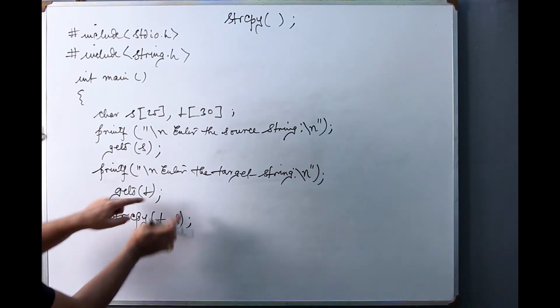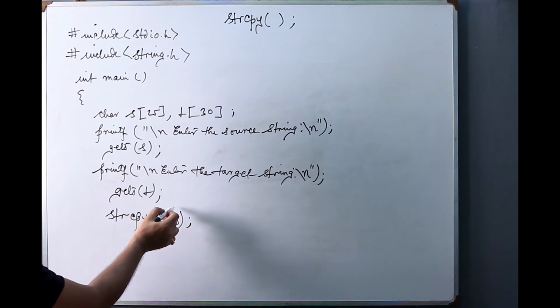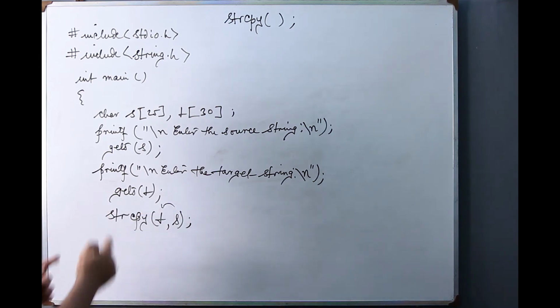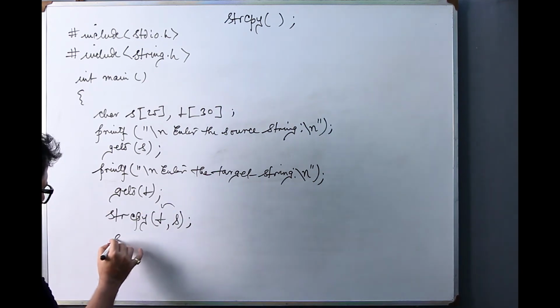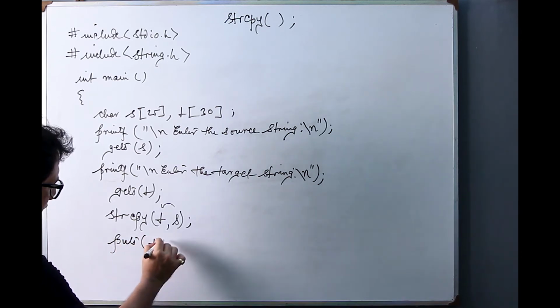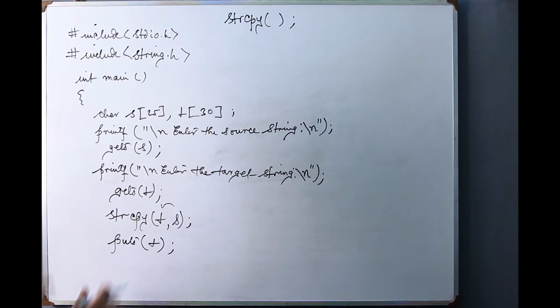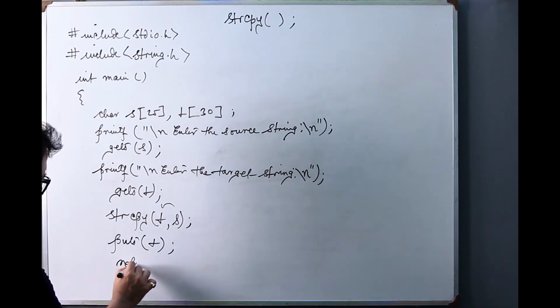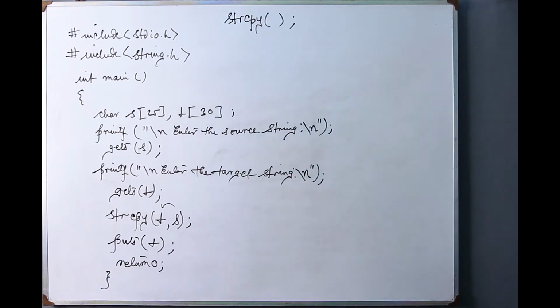This source string will be copied into the target string. After that we will print the target string to get the final result. Return 0 and then comes the end of the main section.